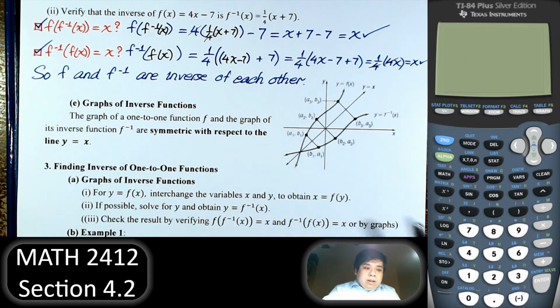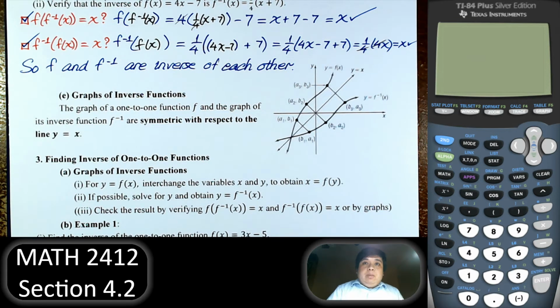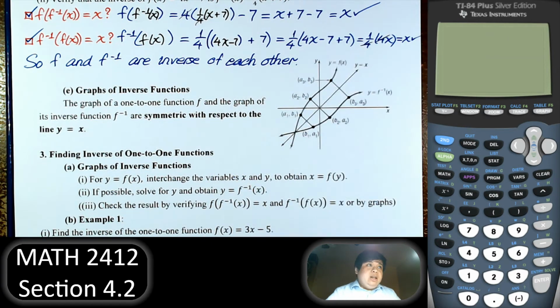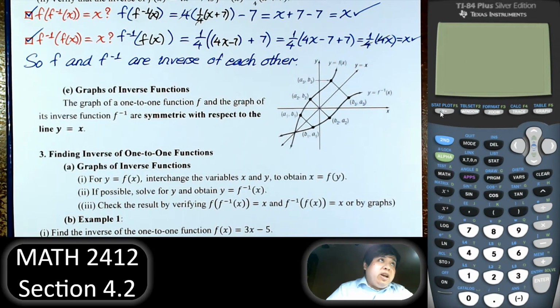Right. Now, the graph of the inverse function, because we interchange the x and y in the function and inverse, the graph of the function and the inverse will be symmetric about the line y equal to x. So let's just graph these two and see if that is the case. For 4x minus 7, and one-fourth, or if we want to just say 0.25 times x plus 7.